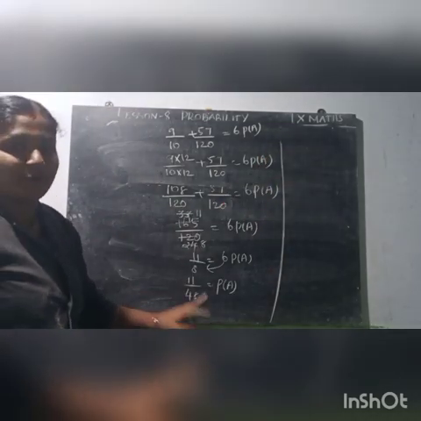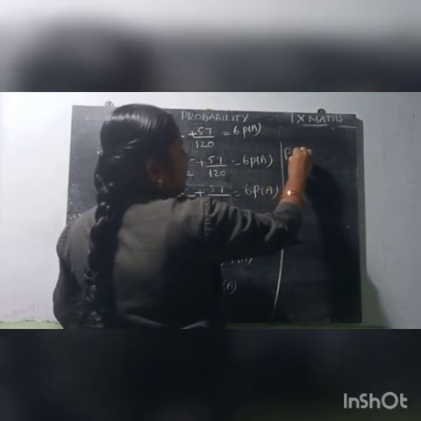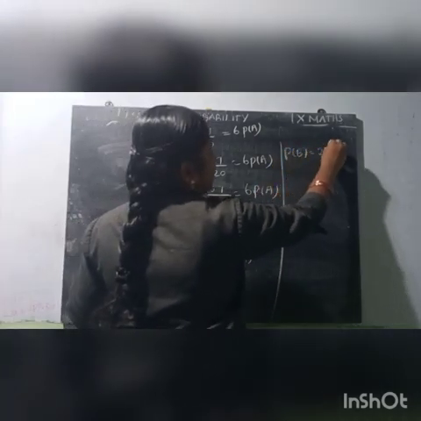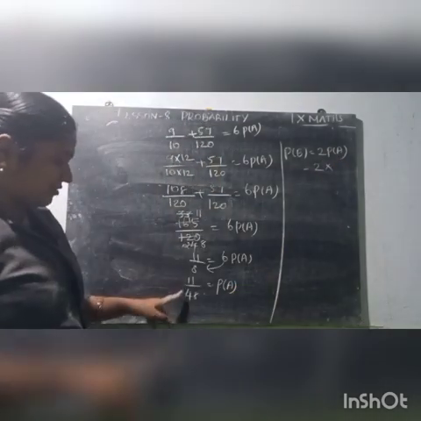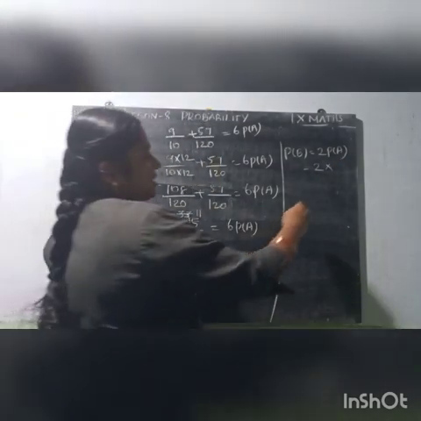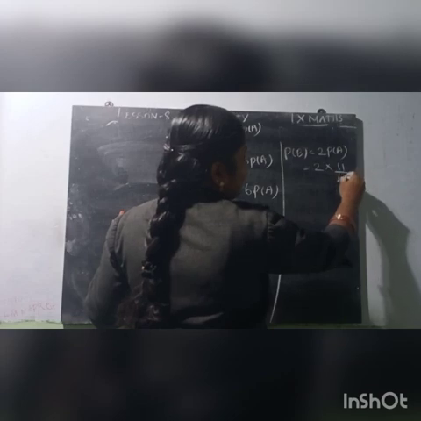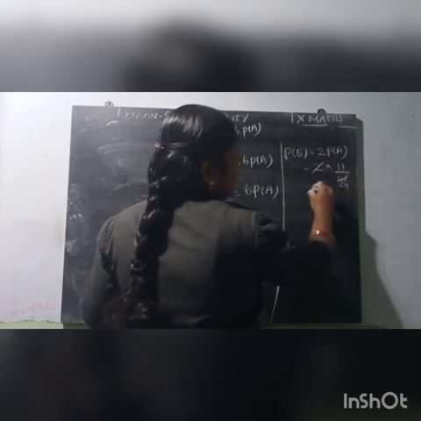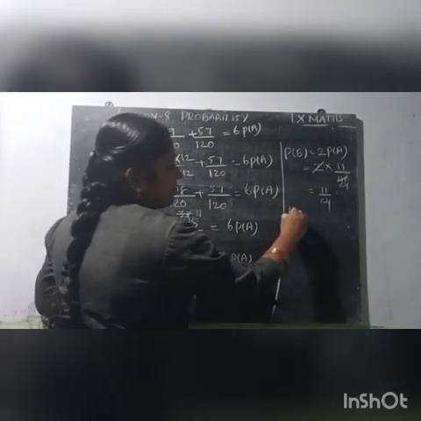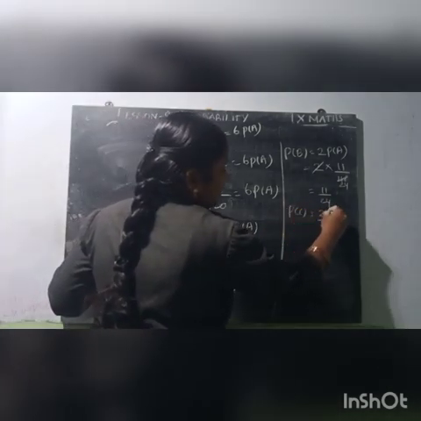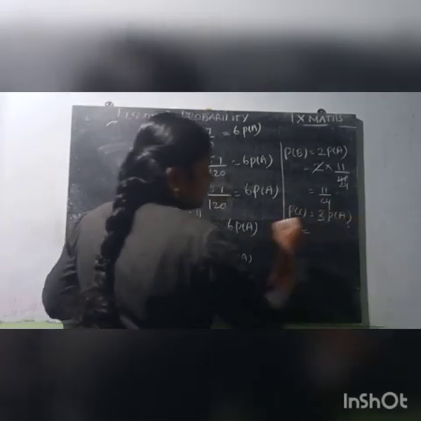Next we want to find out the P of B value. So they already said P of B equal to twice of P of A. So 2 into, what is the P of A value? 11 by 48. So write 11 by 48. This is 1 time, 24 times. So 11 by 24. Then P of C we want to find out. So P of C equal to thrice of P of A, given in the question.